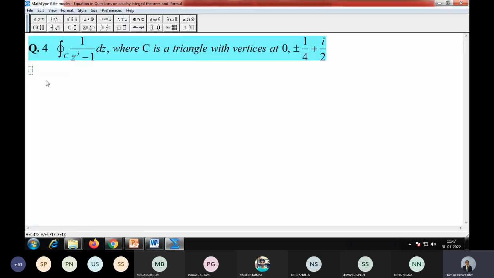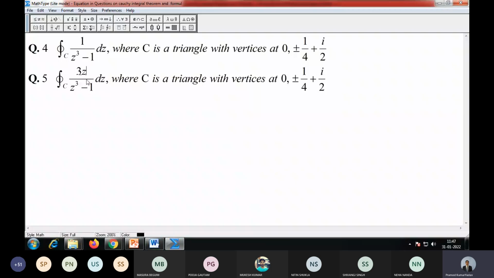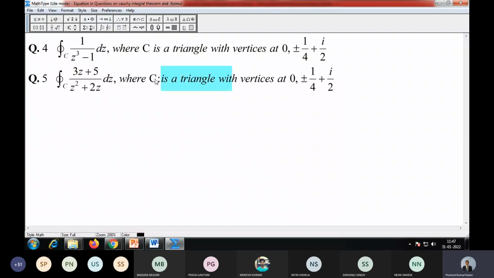One more question. Please note down these questions. Integral of (3z plus 5) divided by (z squared plus 2z) dz, where C is mod z equal to 1.